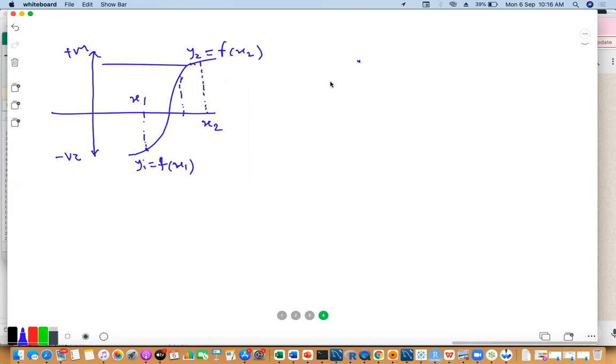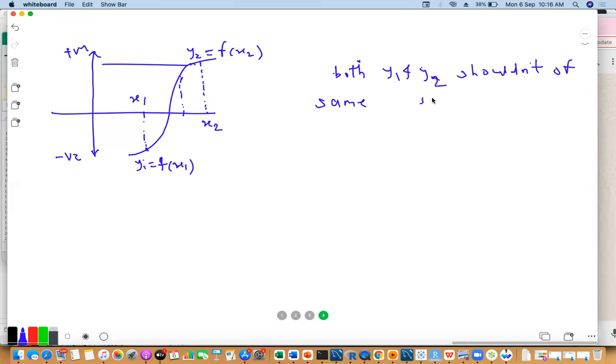So our condition is that y1 and y2 should not be of the same sign.